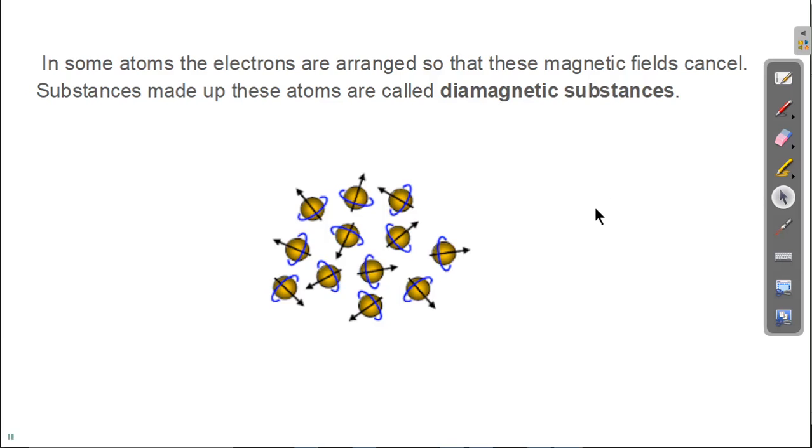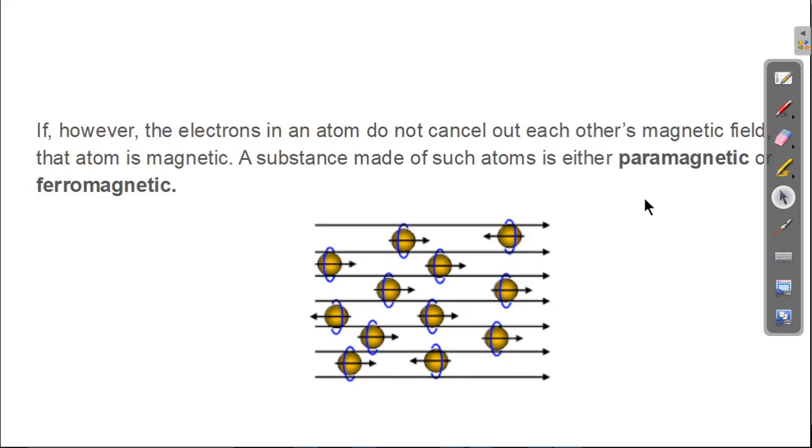Diamagnetic substances. Now, there are two other kinds of substances, paramagnetic and ferromagnetic. In these substances, the electrons have those magnetic fields, and they are arranged in a way that the atoms themselves do have some kind of magnetism.